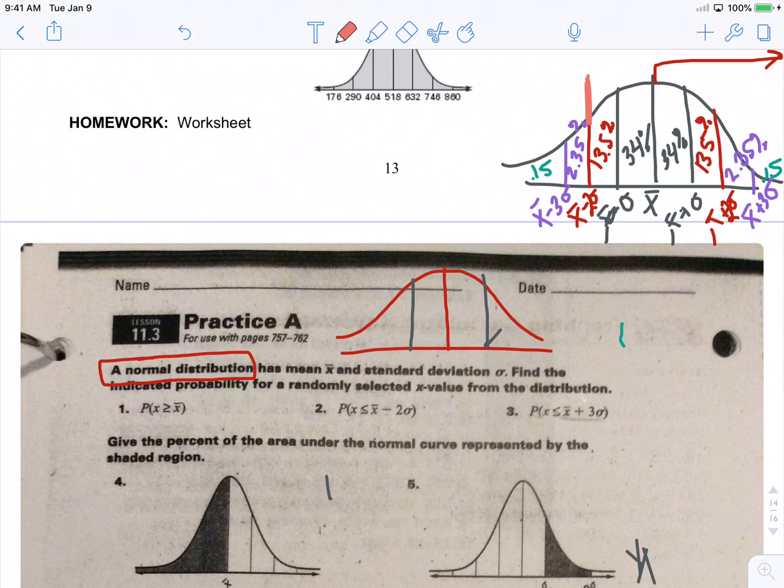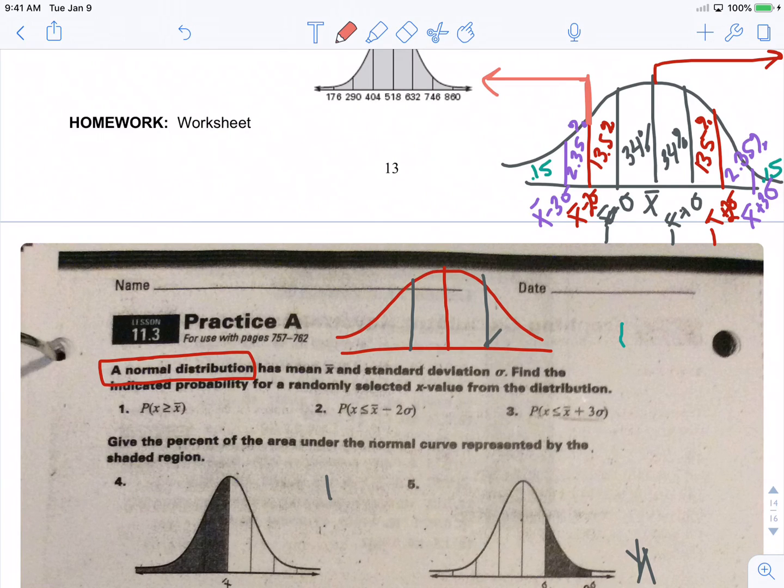That's this line right here. Well, I want the value to be below it. So if I'm going below 2 standard deviations, I'm adding 0.15 and 2.35 together. We would add those two together and get 2.5%. So that's what you're doing for the first 3 questions there.